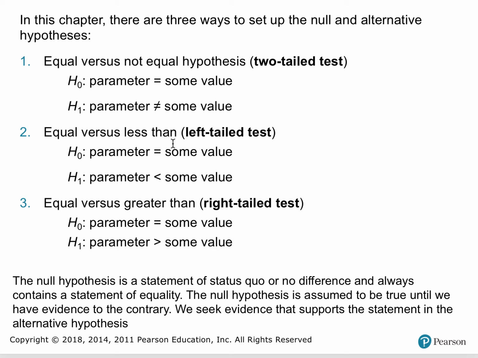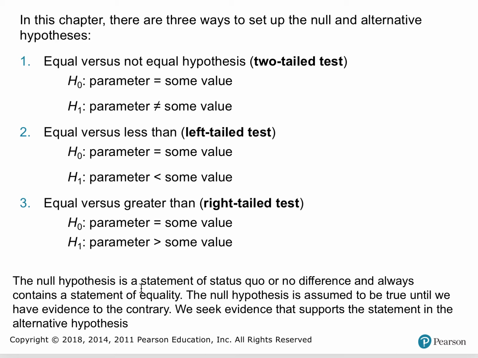Equal versus less than, which we've got the null hypothesis is always equal to our value, but this time the alternative hypothesis is saying it's less than that value. Okay, equal versus greater than. Our null hypothesis, once again, we're saying it's equal to a particular value, but our alternative hypothesis is saying we suspect it's bigger than that value. Okay, so two-tailed test and a left-tailed and a right-tailed.